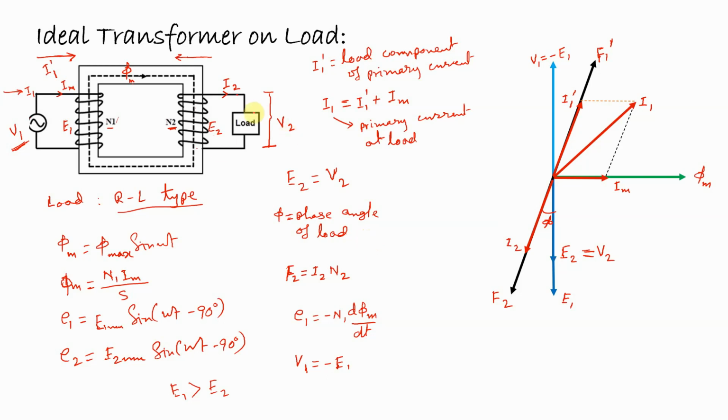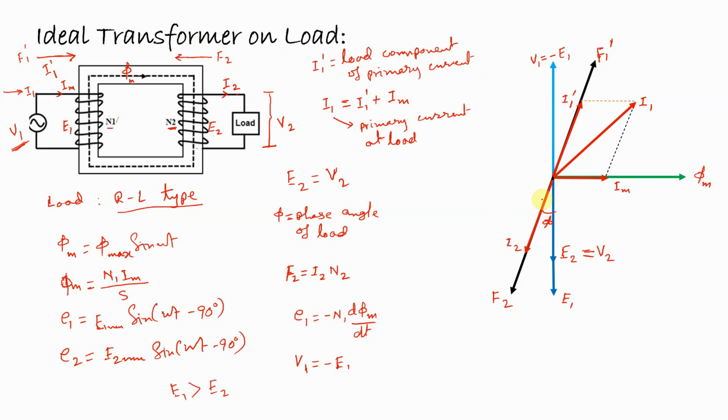The only changes are because of this load: current I2 will flow in the secondary side. Because of this current, a magnetomotive force F2 will be developed in the secondary side. To neutralize it, another magnetomotive force, F1 dash, is produced in the primary side, so that they cancel each other.